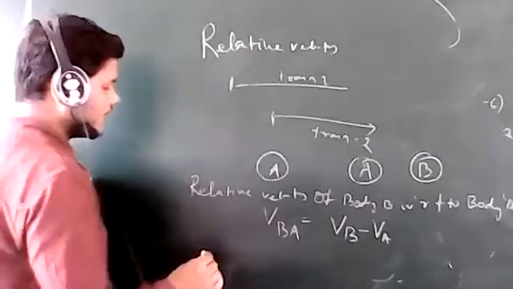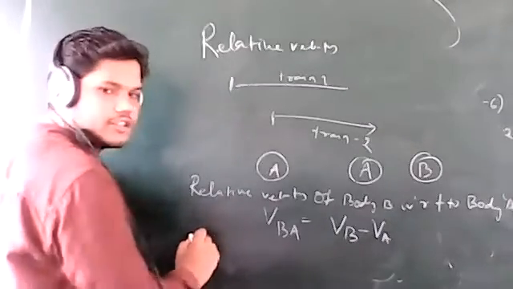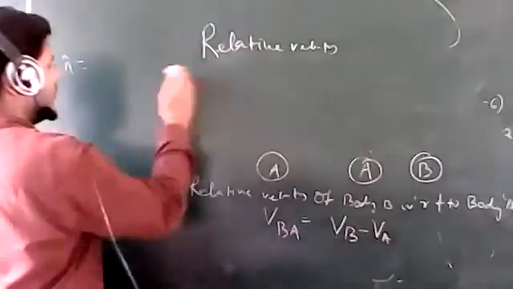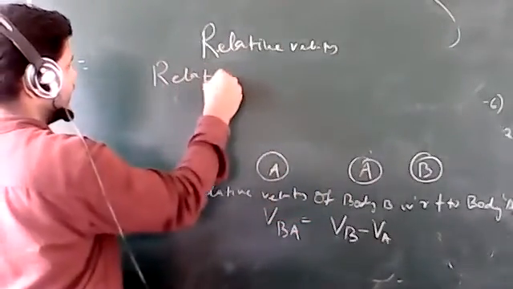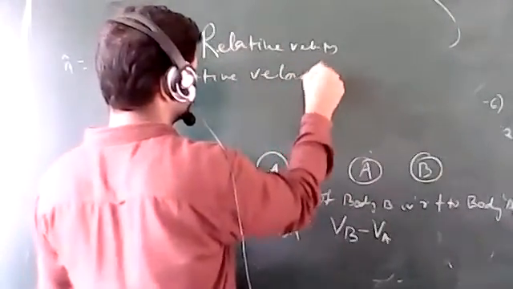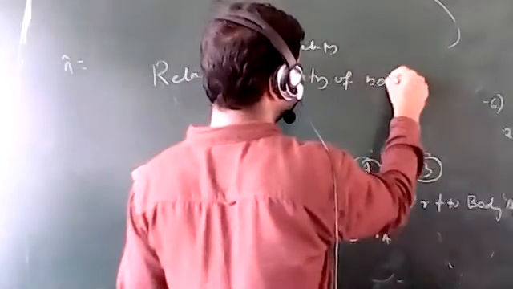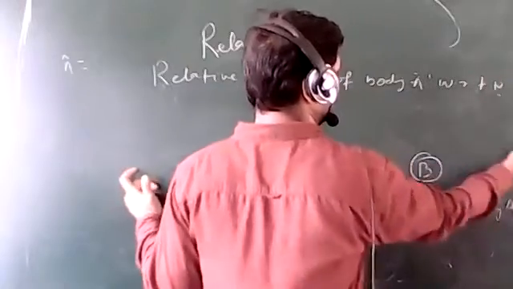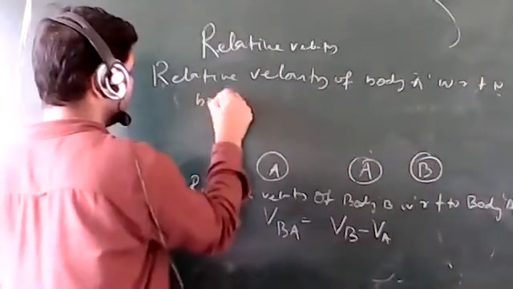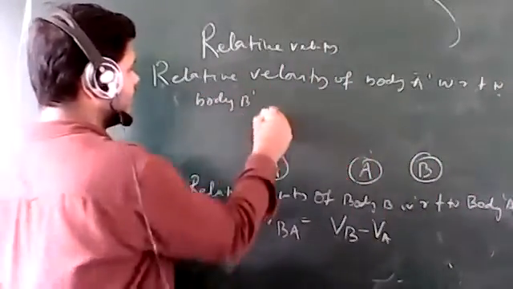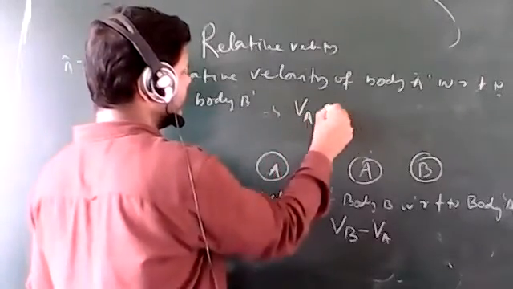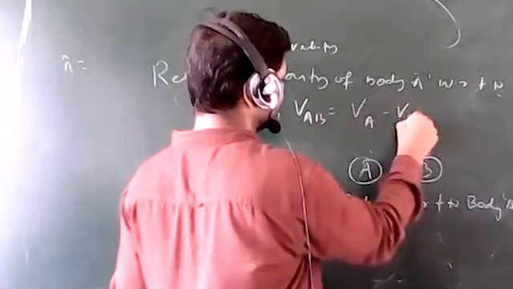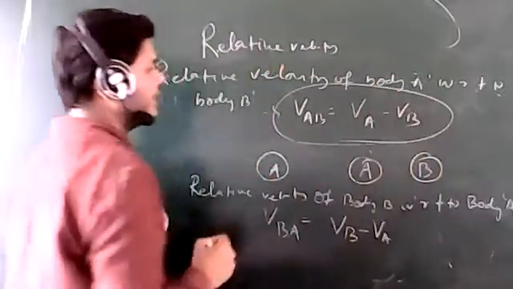You can also find the relative velocity of body A with respect to body B. That can be written as VAB, and the formula is VA minus VB.